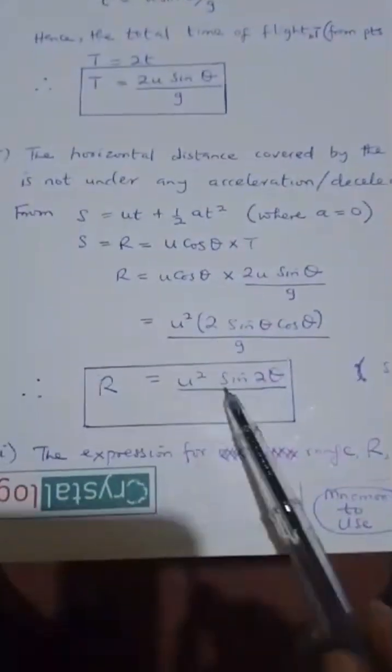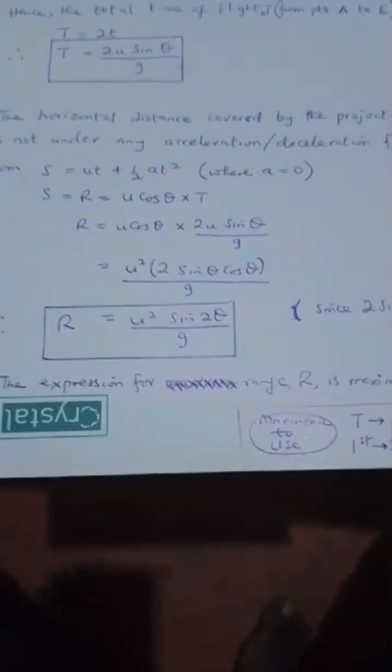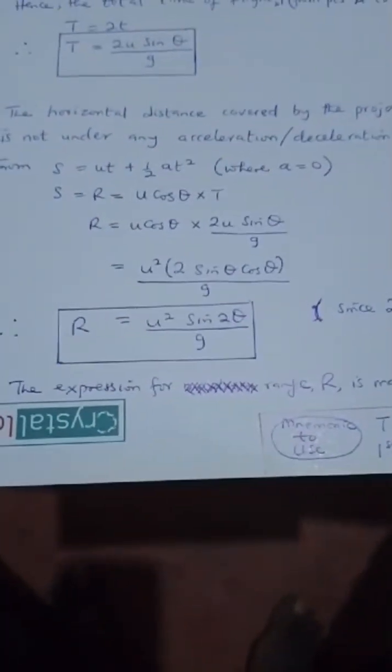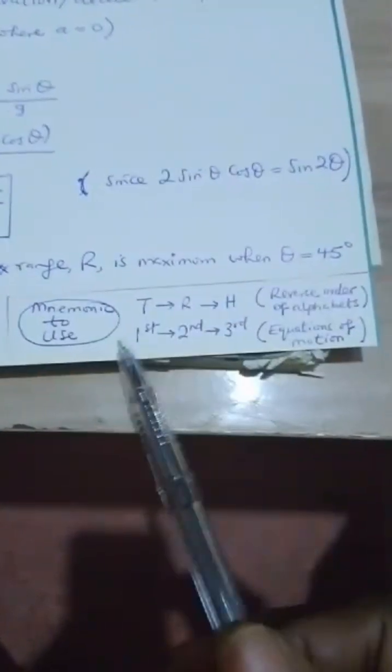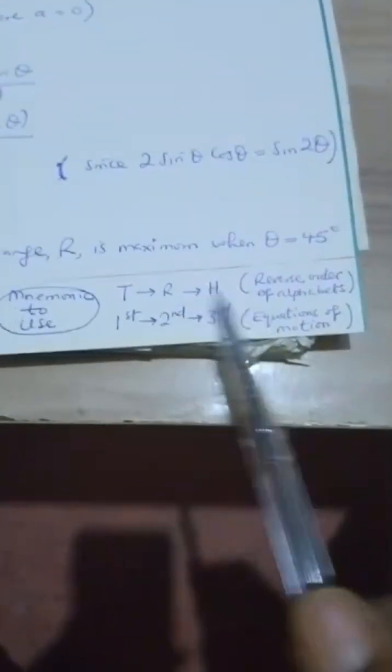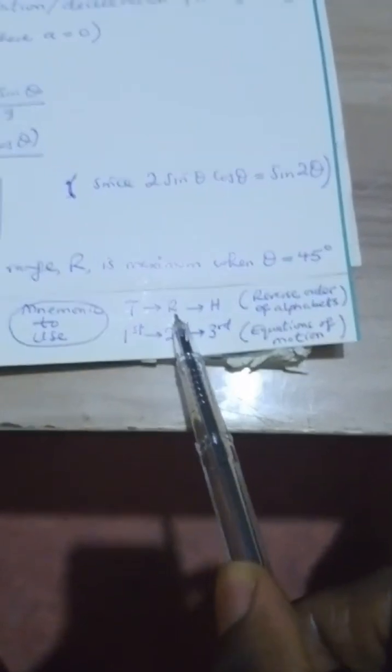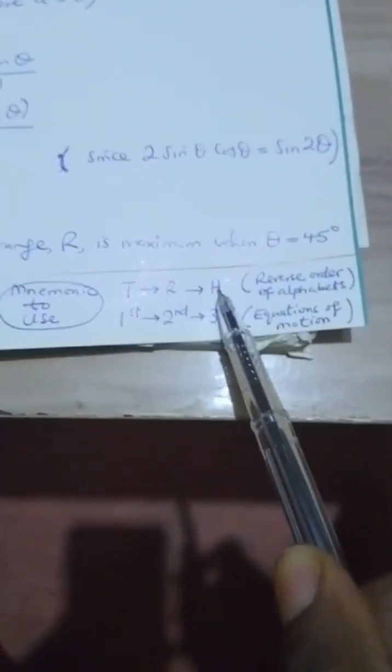H, total time of flight, and range. Okay, so guys, a quick way to remember how to derive our expressions for projectile motion. Just look at T for total time of flight, R for maximum horizontal distance range, and H for maximum height.